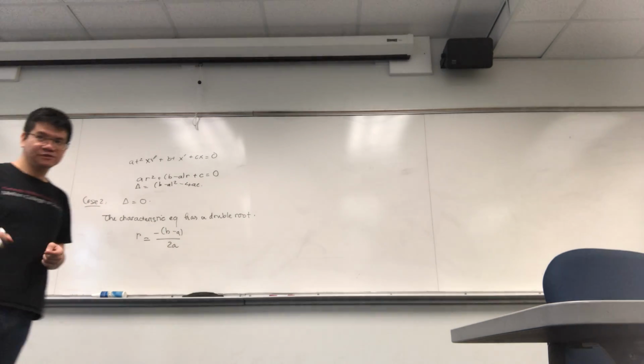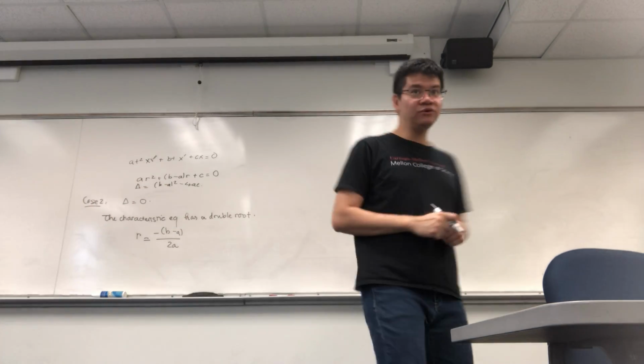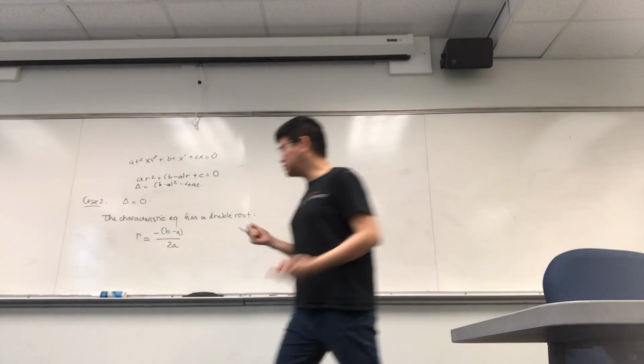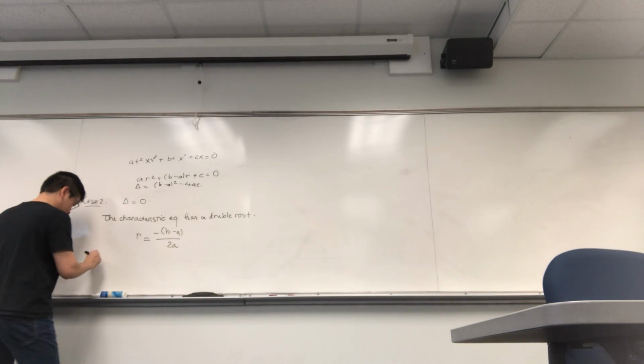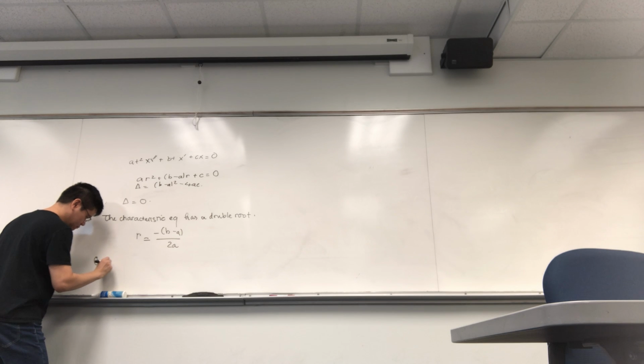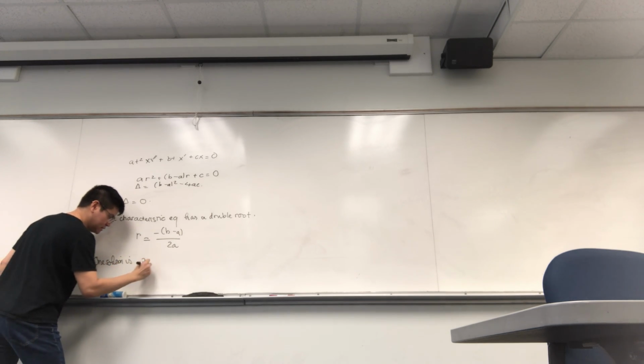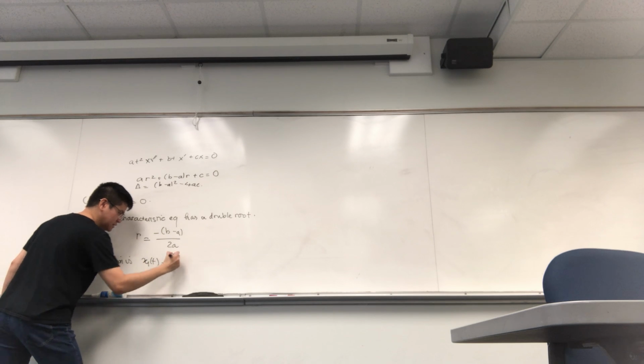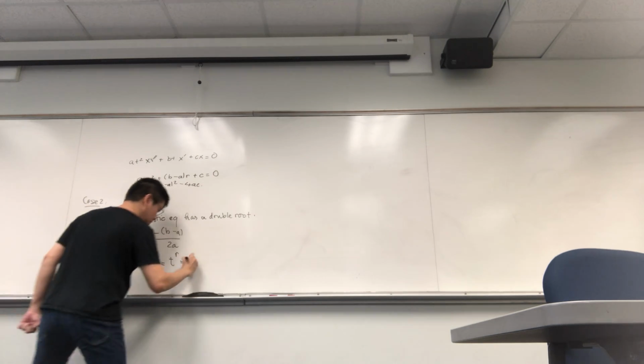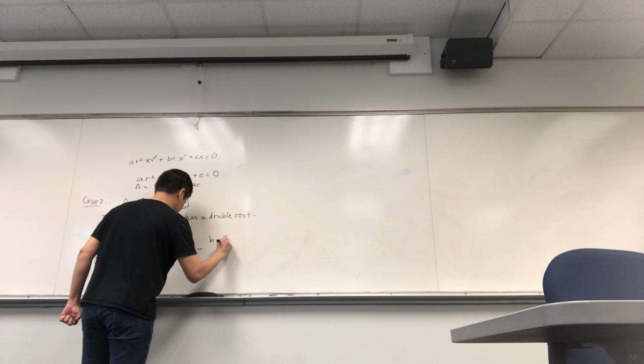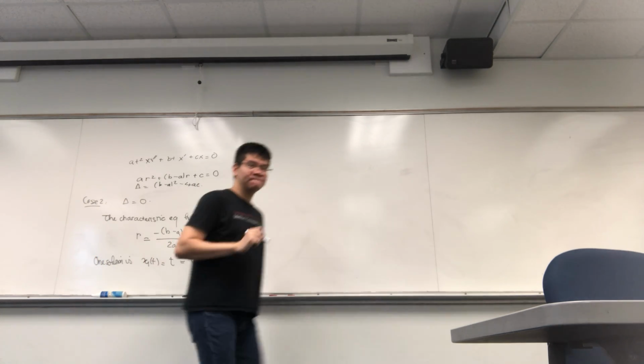So one solution should be x1(t) is t to the r, and this is t to the power minus (b minus a) over 2a. Right?